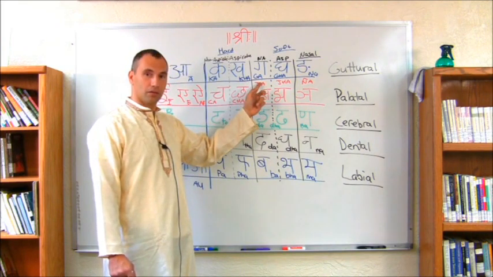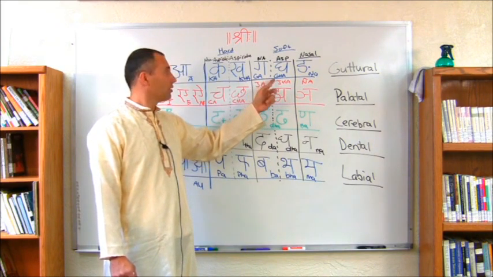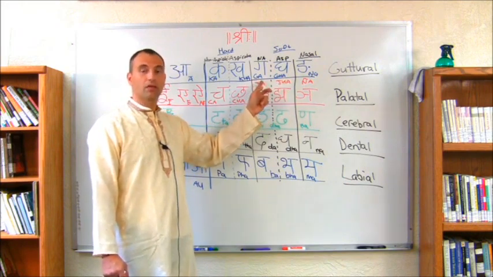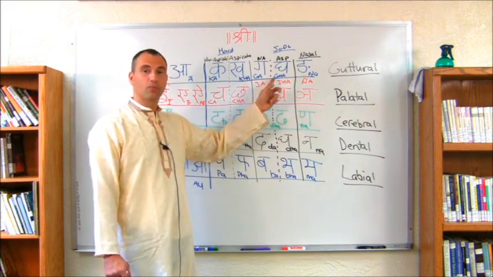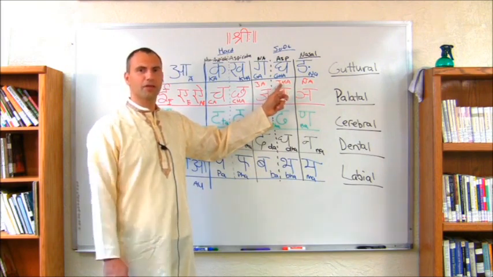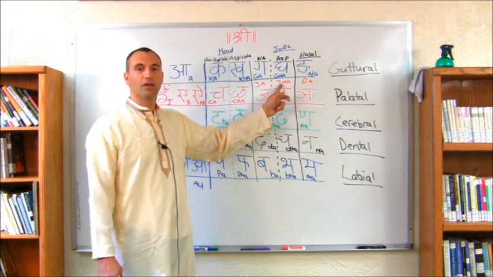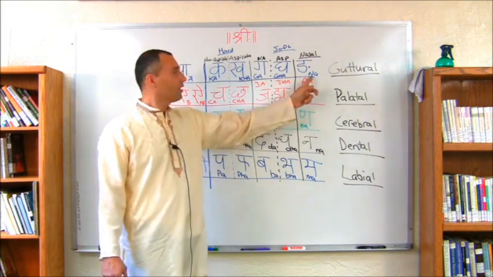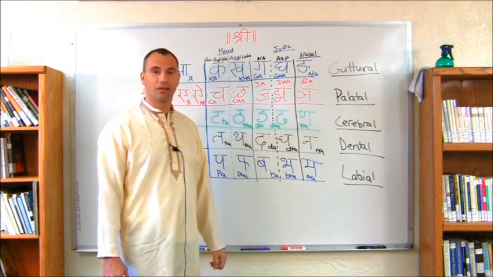G. Say g, g, g, g, g. Try it. It's fun. This will clear your throat. It's like gargling, gargling. G. Okay? And ng, ng, ng.